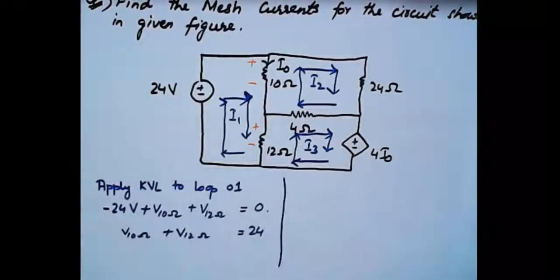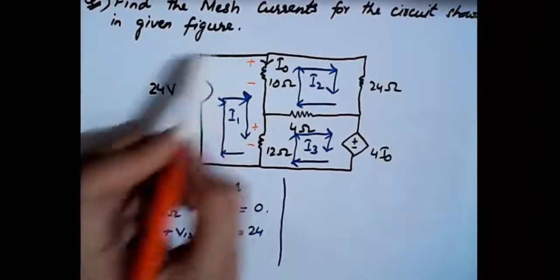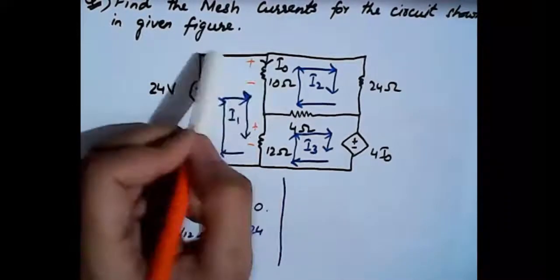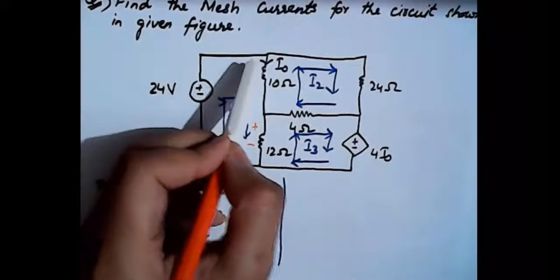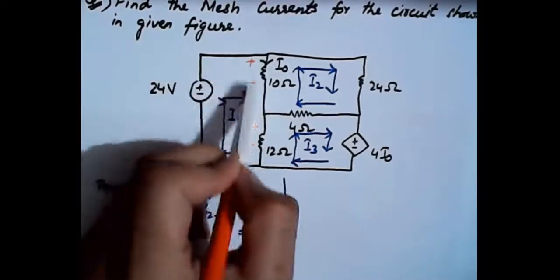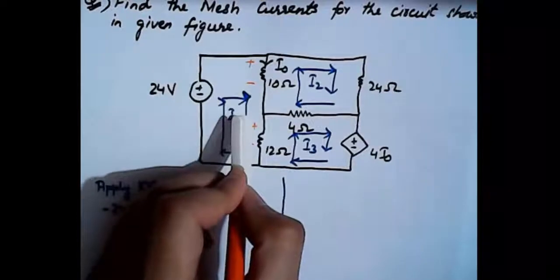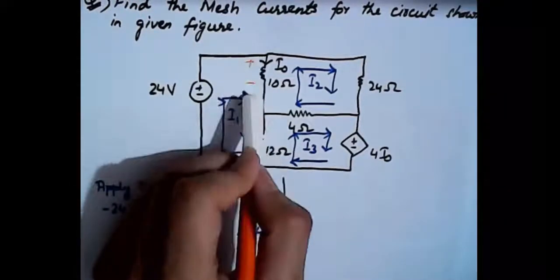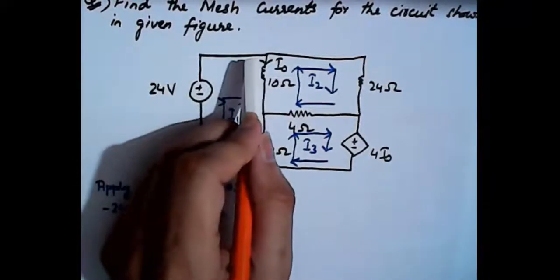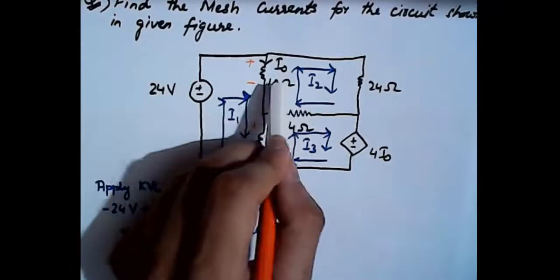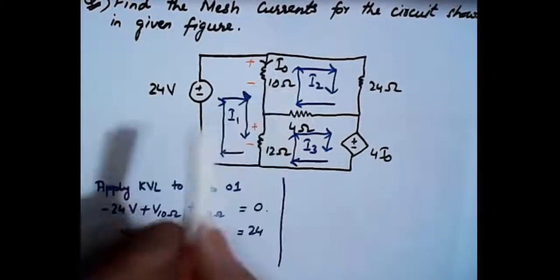So it will involve two currents, and here we can see that the I1 current is entering the positive terminal. This complete loop is I1. It is going here and then coming back, right? So the I1 current is entering the positive terminal of this resistance and the I2 current is entering the negative terminal, right?